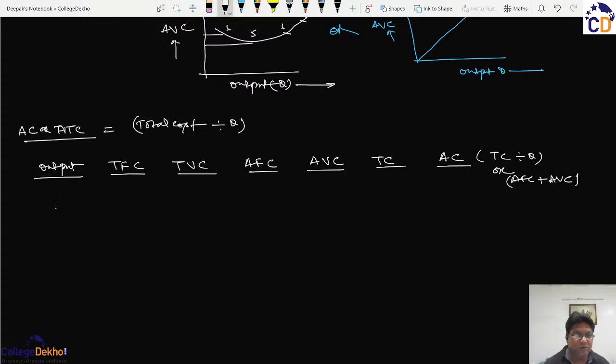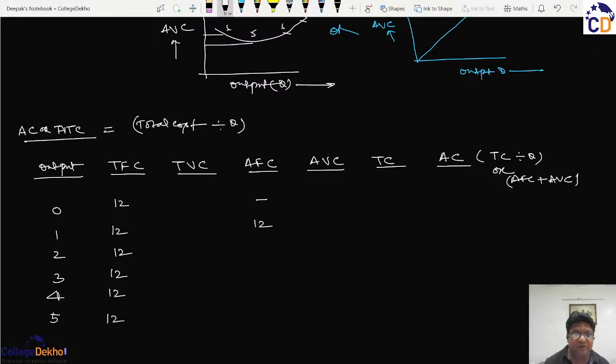So output can be 0, 1, 2, 3, 4, and 5. The total fixed cost in each case was 12, 12, 12, 12, 12, and 12, and hence the average fixed cost in this case was infinite, ignored.